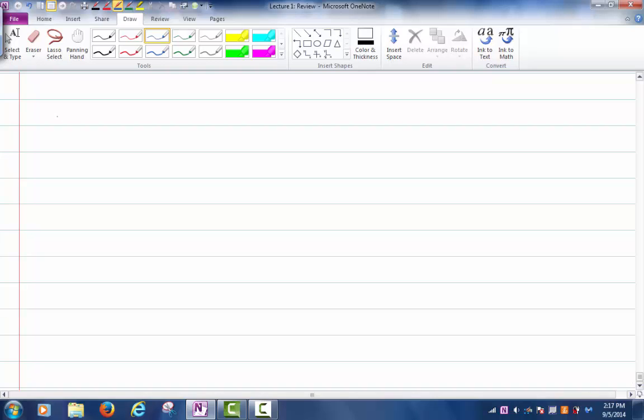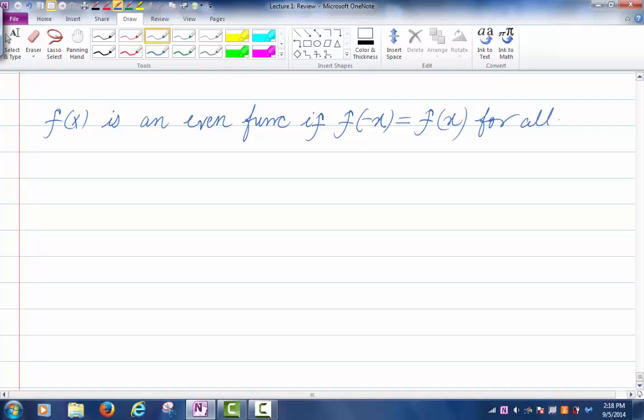Okay, so now I want to give you some definitions here. So a function f of x is said to be an even function if the value of the function at negative x is the same as f of x for all x.